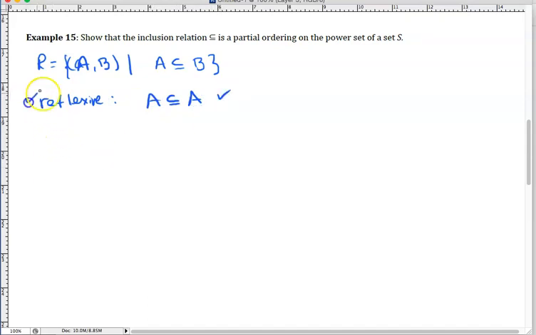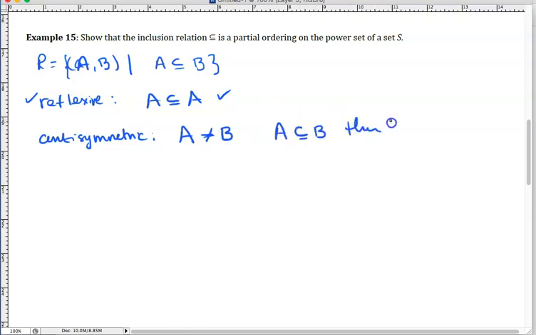Let's look at the antisymmetric property. This is for sets a not equal to set b. If a is a subset of b, then b cannot be a subset of a. That's true. If all the elements of a are in b and a has to be smaller than b, then b cannot be a subset of a.